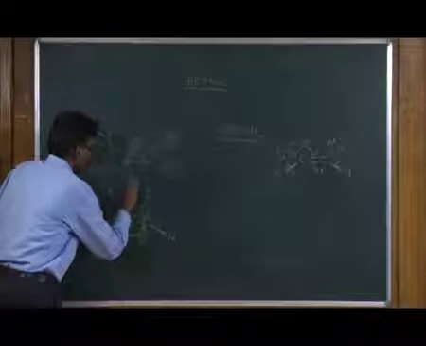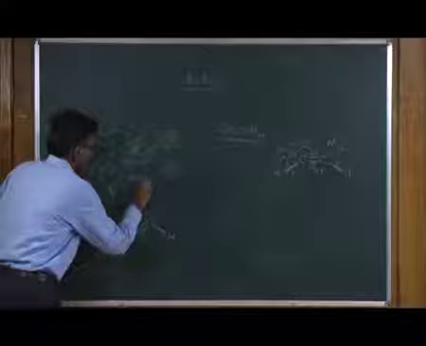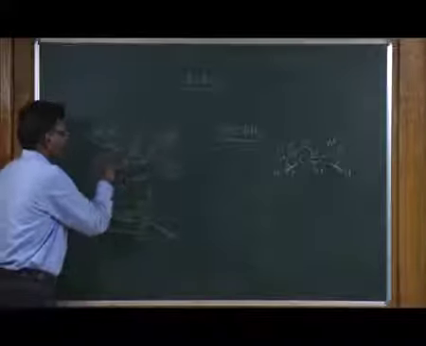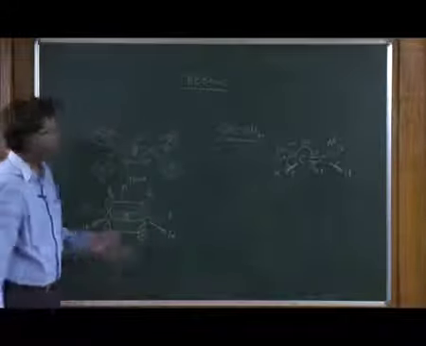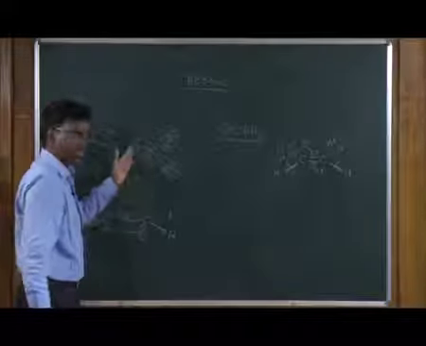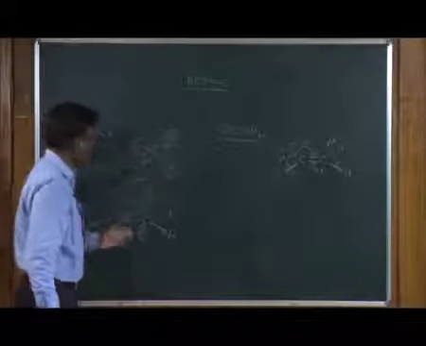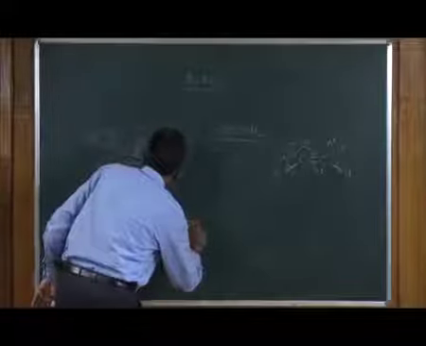This overlapping of these two orbitals gives the pi bond formation, and overlapping of this sp2 hybrid orbital of carbon with another carbon sp2 orbital generated the sigma bond. And so, this also we can write like this.